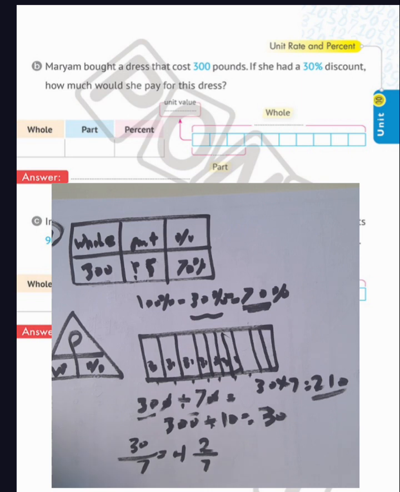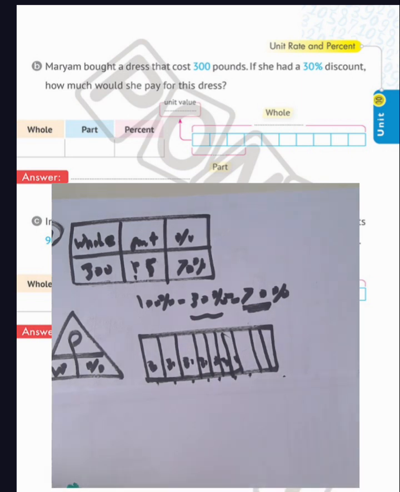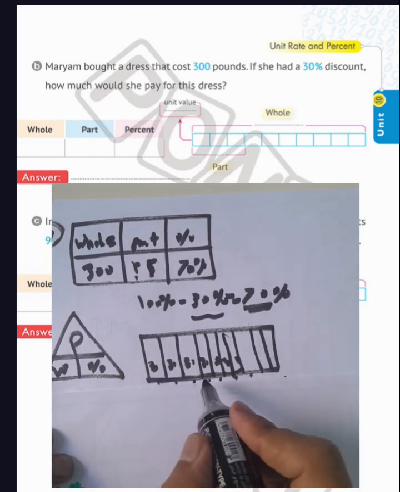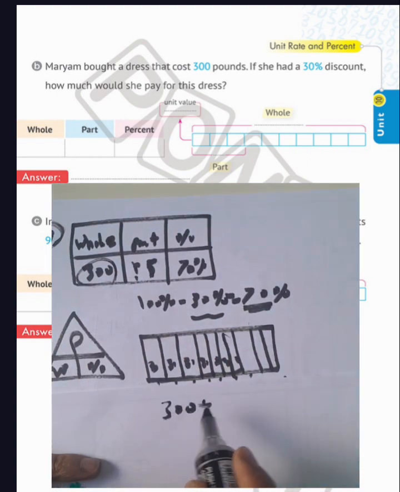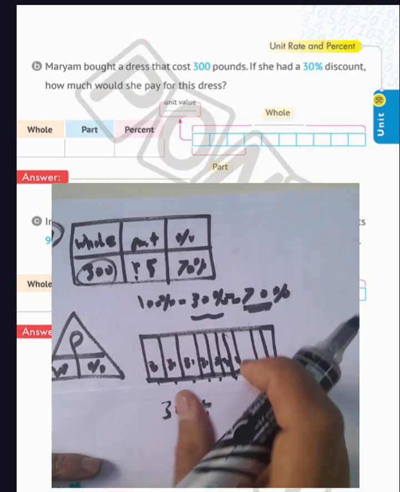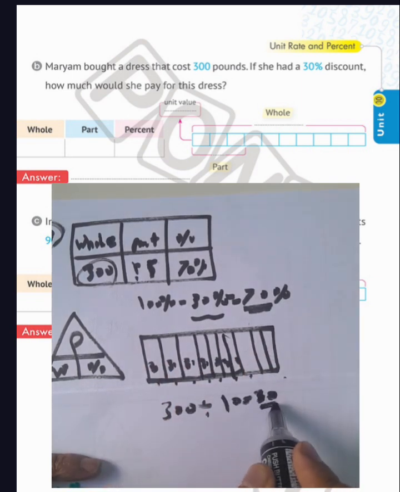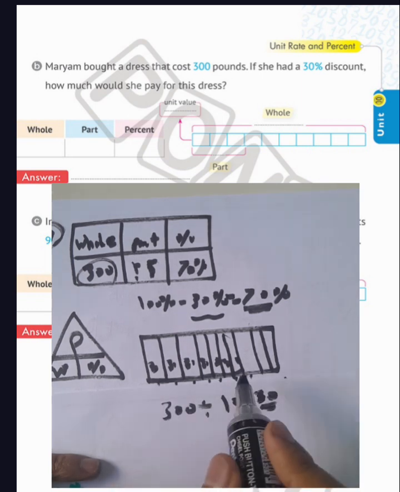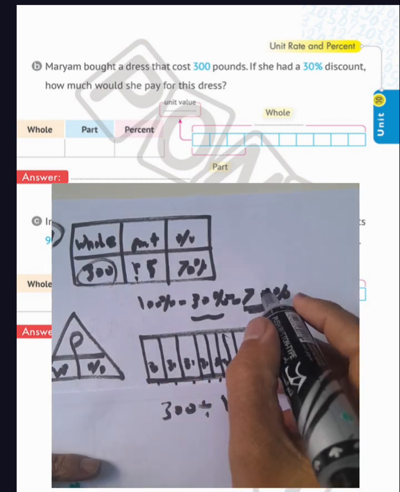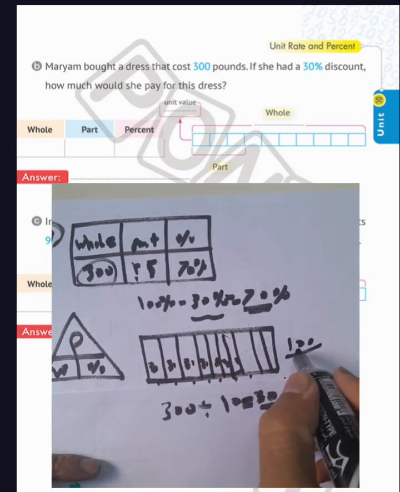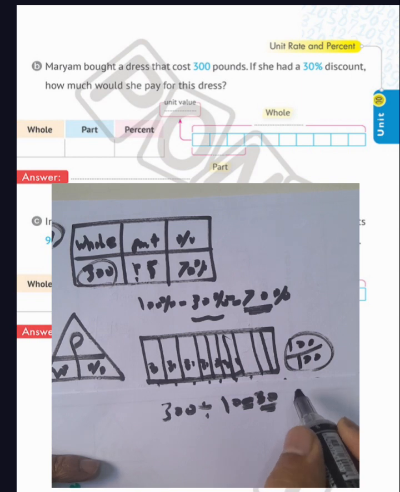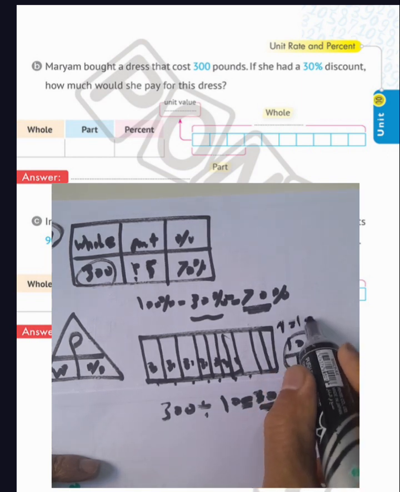Okay, I will explain this example again. First step, I will draw this table and divide it into 10 parts, and we will write 300 here divided by 10 parts. 300 divided by 10 equals what? 30. And we want to find what? 70%, which means 7 parts from 10 parts, because 100 over 100 will be 1, it will be 100%.